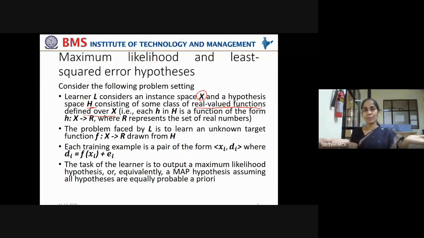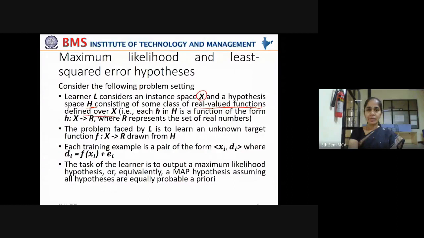Set of parameters: number of bedrooms, number of kitchens, number of baths. These are all attributes based on which the real valued function is being learned. The old sale prices and all these training examples will be given. Learning from that, the model should be able to predict the sale price of a house when the number of bedrooms and number of kitchens is given. That is the problem.